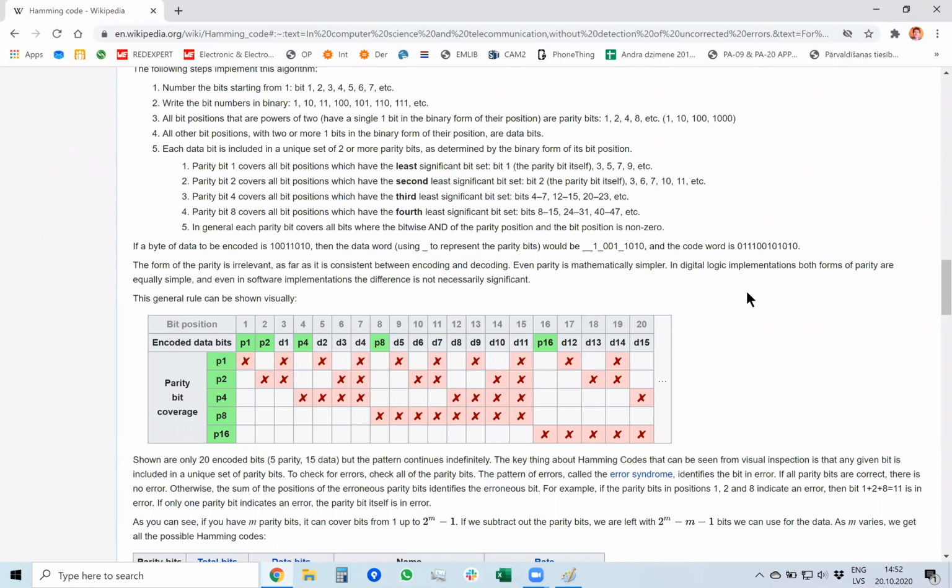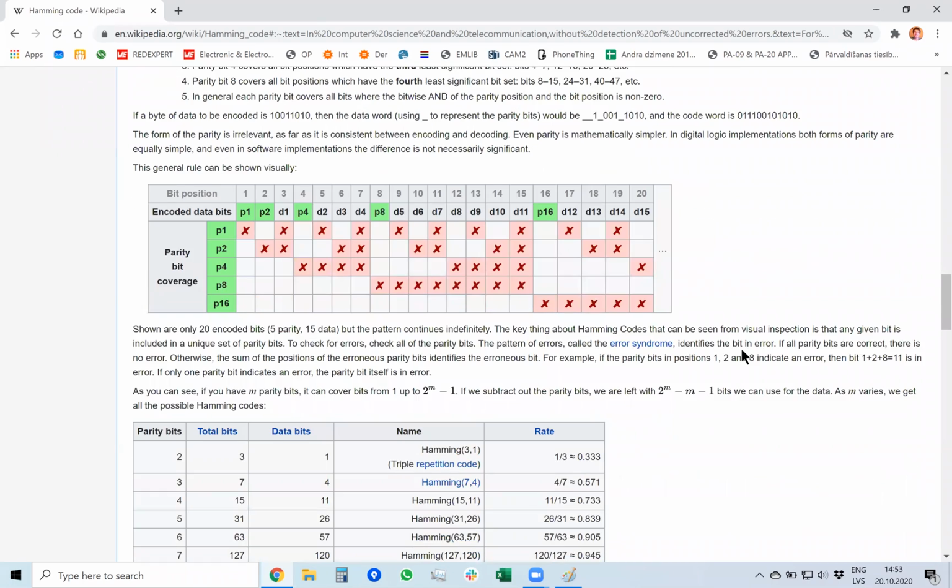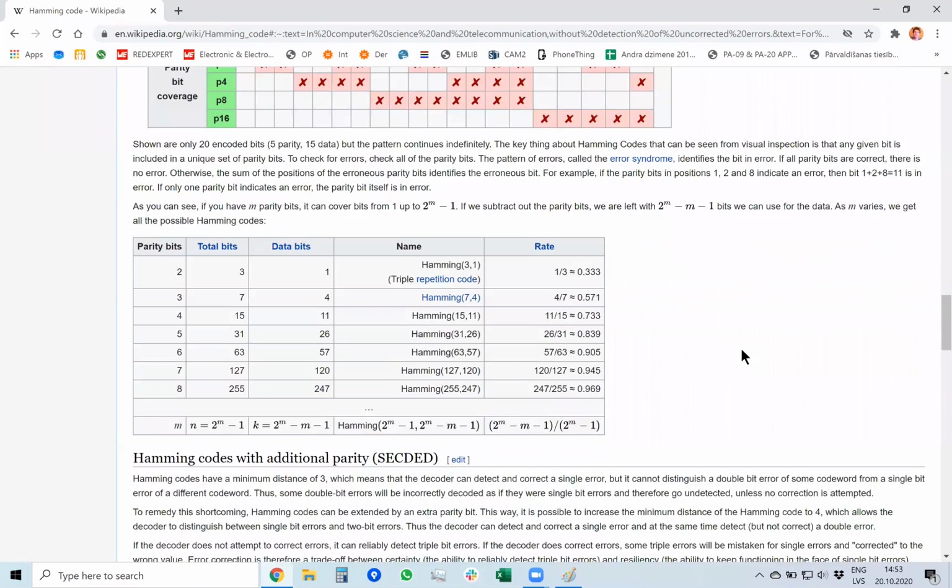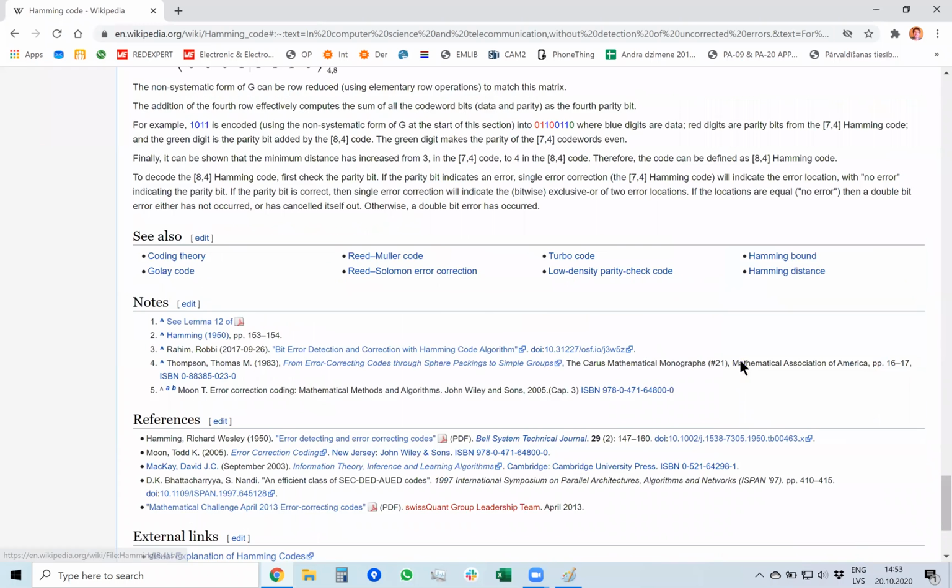So, where's the example? So here's the parity bits and the data bits. So for example, let's say we want to send 8 bits of data. And there was a very good example.